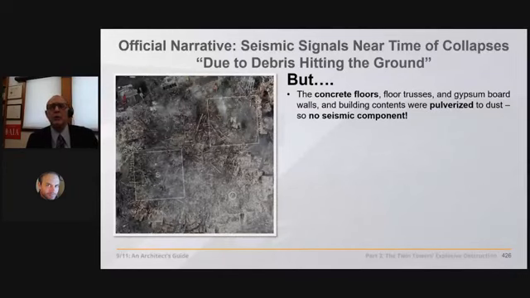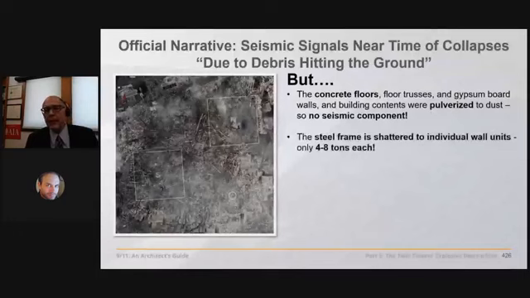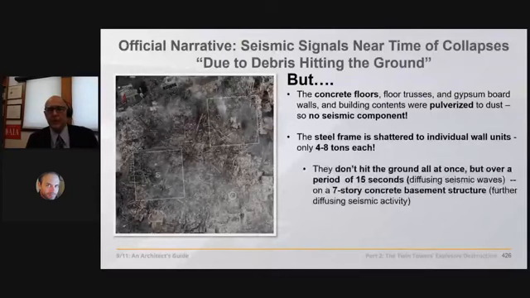We saw no large chunks of concrete. The steel has been shattered to its individual wall units, and they're only 4 to 8 tons each. That's not going to produce a seismic event 20 miles north. And they don't hit the ground all at once, but over a period of 15 seconds.